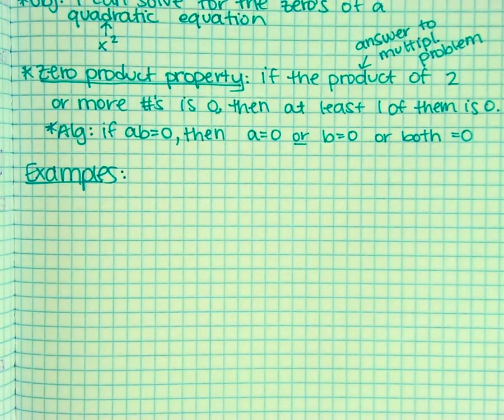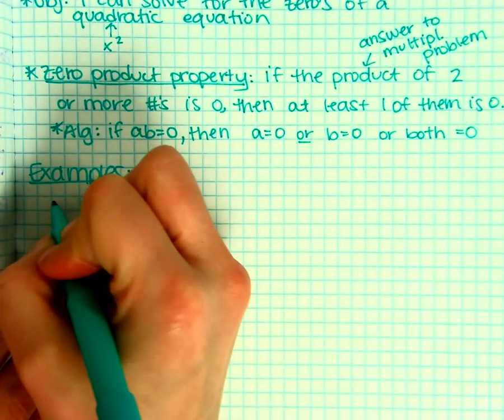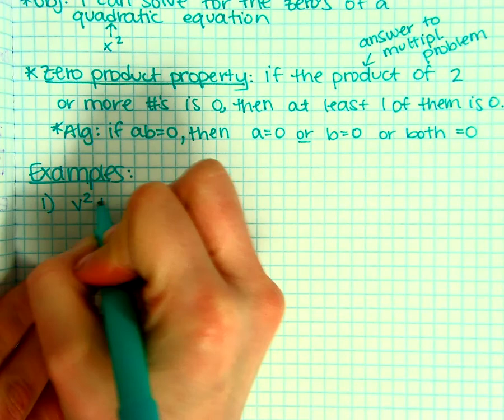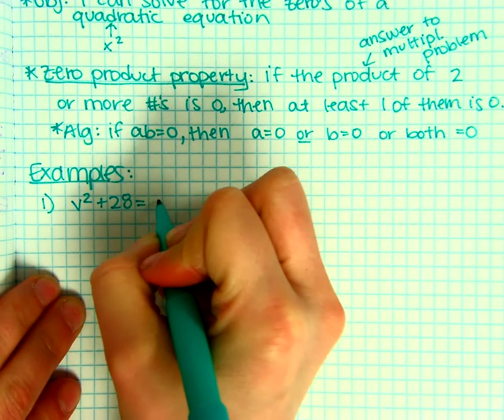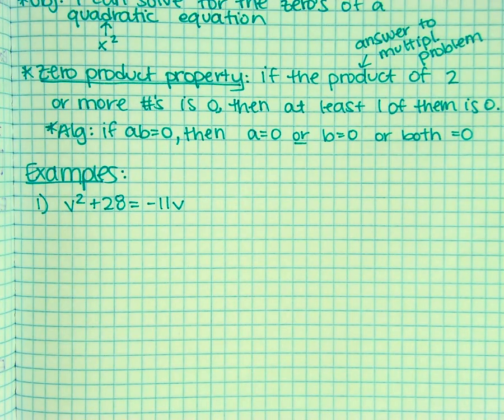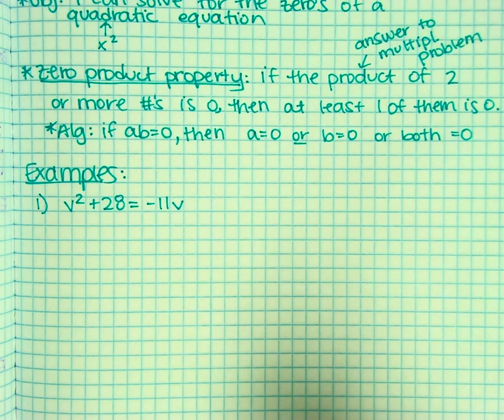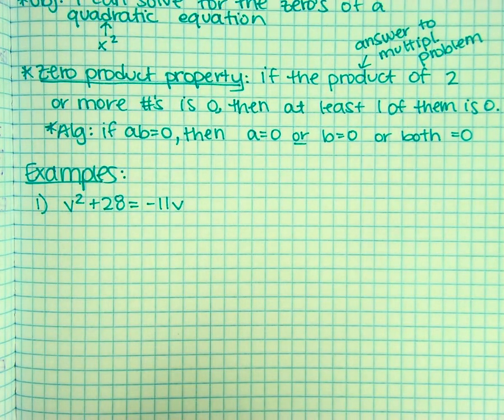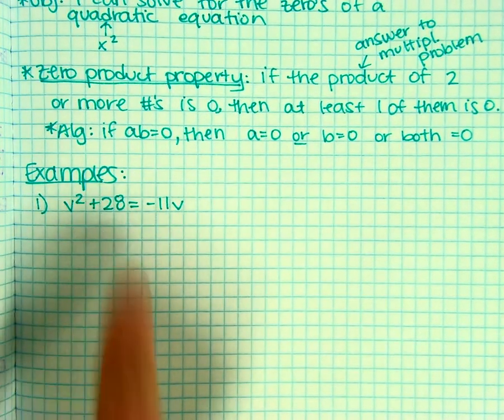We're going to start off with v squared plus 28 equals negative 11v. So I want to quickly see, this only applies if AB equals 0. Does it equal 0? Go ahead and pause the video and think about how can we make this equal 0.